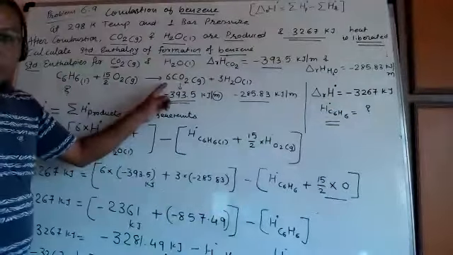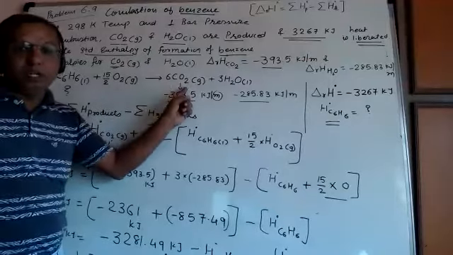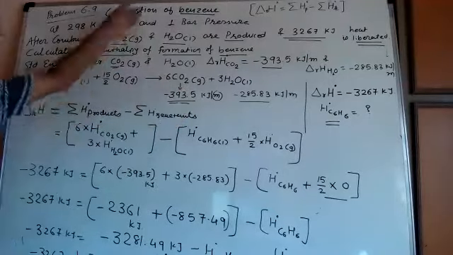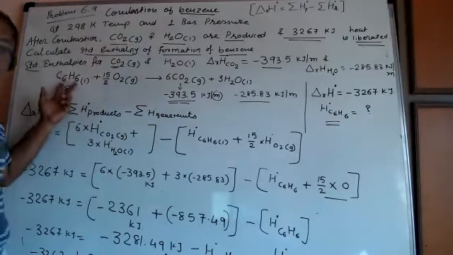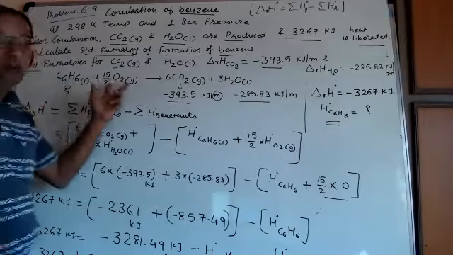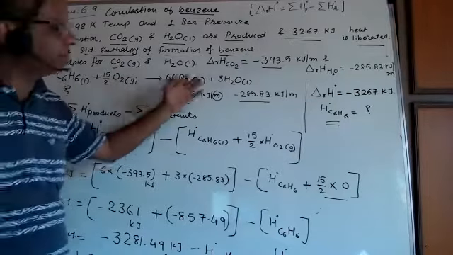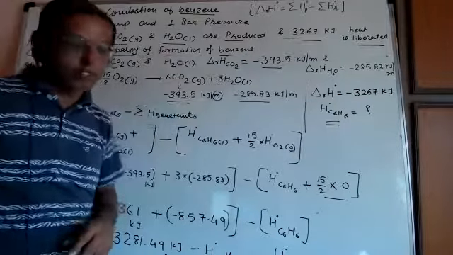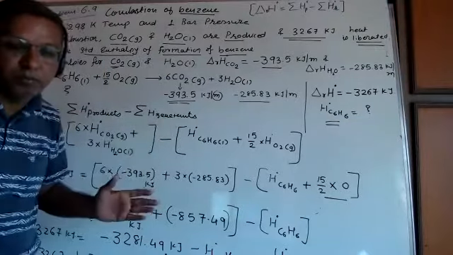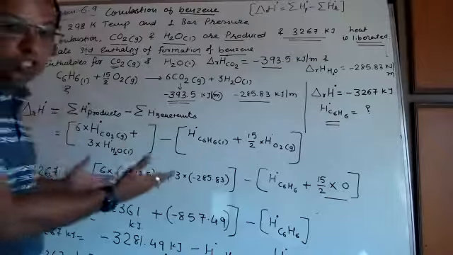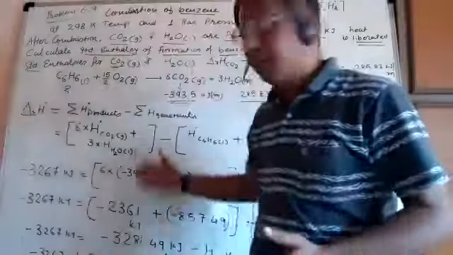You have to first of all make the balanced chemical equation. You have to write by considering the data given in the question. C6H6, the formula of benzene, you must know. Oxygen is the reactant, carbon dioxide and water are the products. Now you can see products minus reactant is the very simple formula for enthalpy change. We have to put in the values, and you will get the answer.